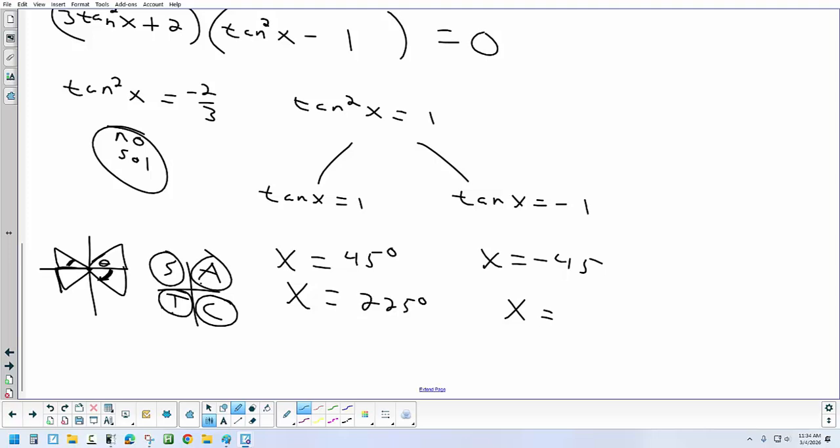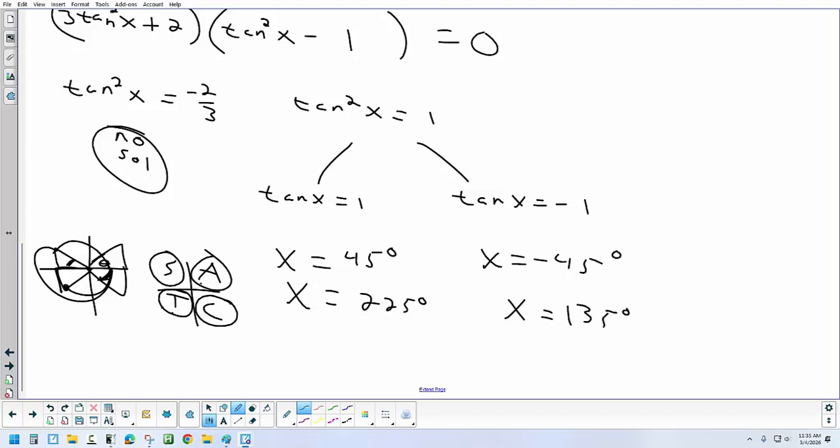Negative 135 would be this one. Negative 225? Okay, so now you've got the right answer, you're in the wrong cycle. So you went like this. I need you to go like that. Oh. Positive 135? Positive 135.